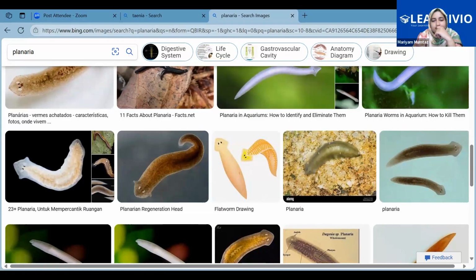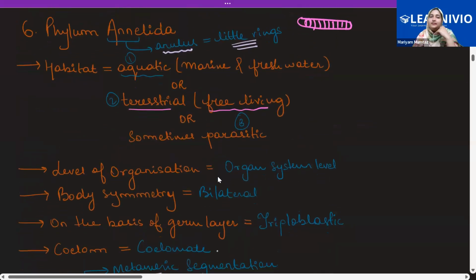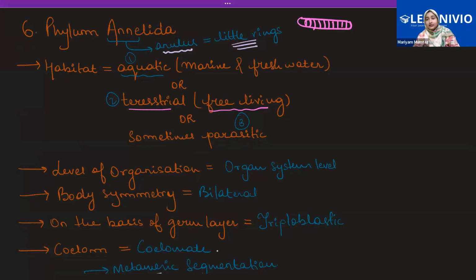Now, let's continue and talk about the next phylum, that is phylum Annelida. The phylum Annelida is characterized by the organisms having little rings on their body, right? The word Annelida comes from the word annulus.